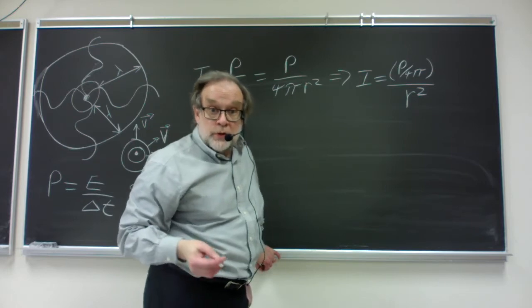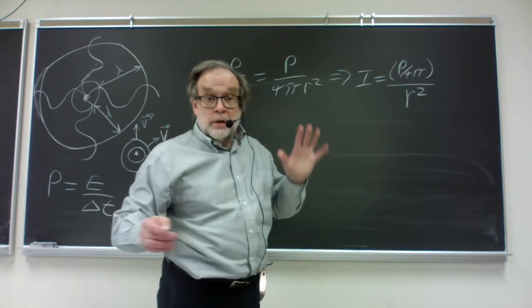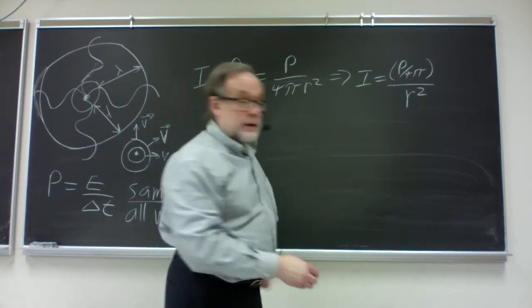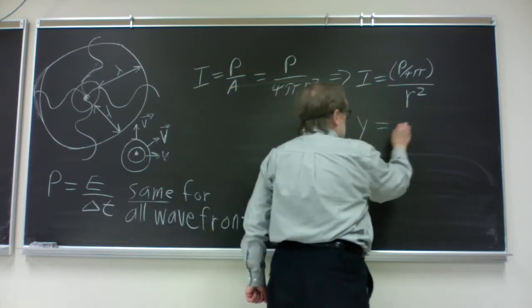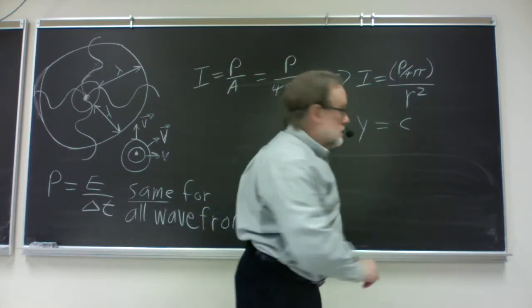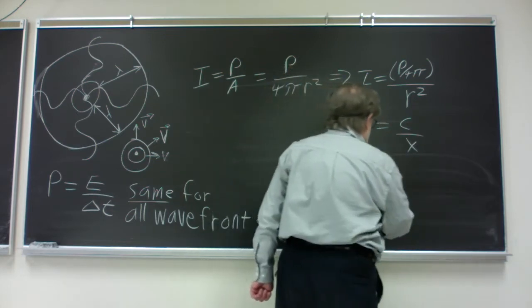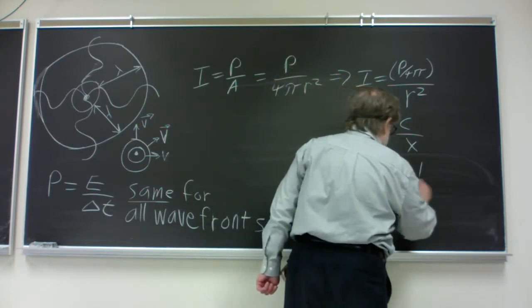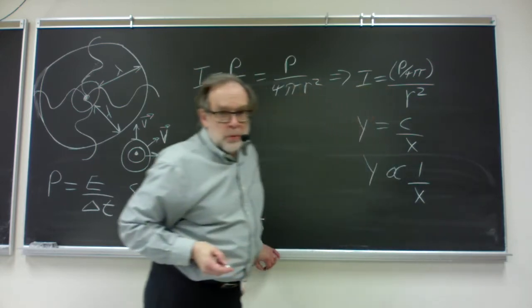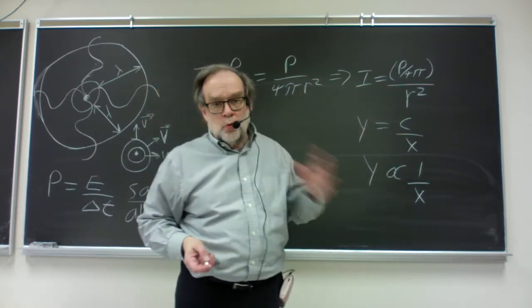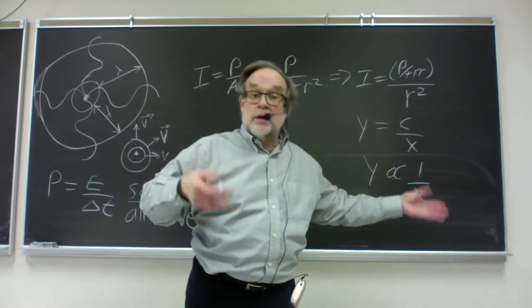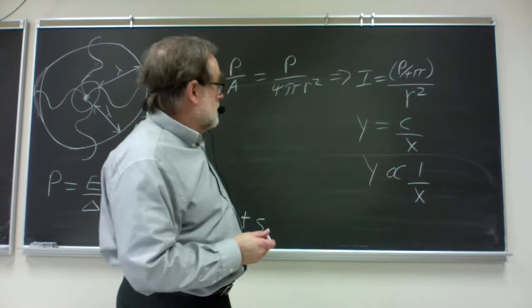Whenever two variables are inversely proportional, they always fit into an equation that looks like this. One variable equals constants divided by some other variable. Y is inversely proportional to x, or y is proportional to the inverse of x. You could say it either way.